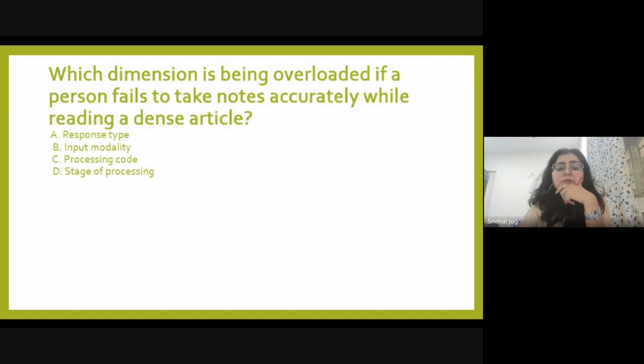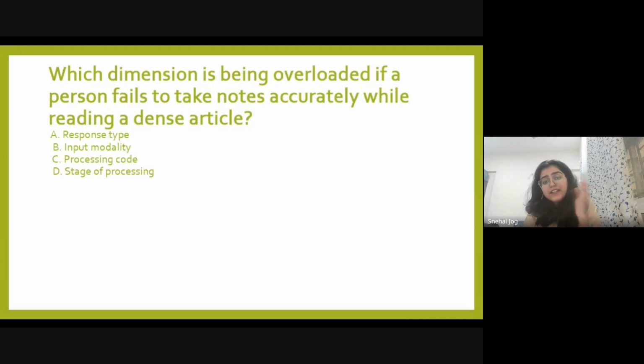Then when you say B, input modality, both tasks are visual, yes. But the overload is not because of the fact that both are visual. The overload is because of the code. Are you getting it? You are not finding it difficult because writing notes is a visual task. It is because of the processing code. Same with stage of processing.